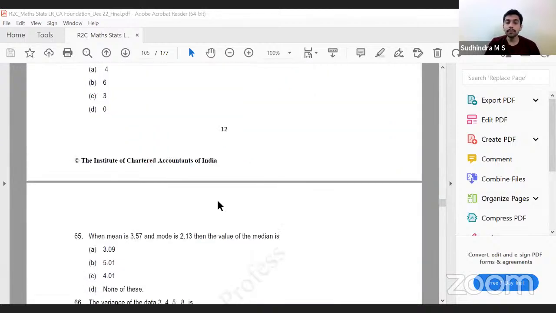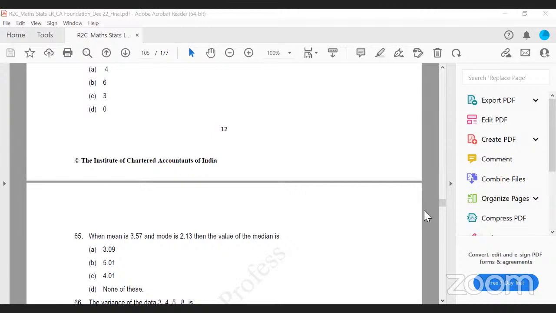Next question. When mean is 3.57 and mode is 2.13, find the value of median. Sir, 3.09. Correct. So how do we calculate?